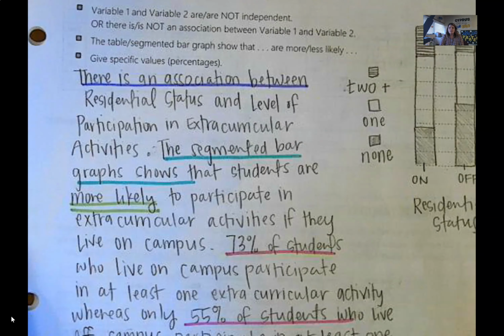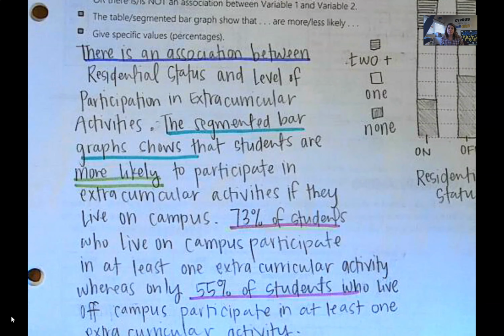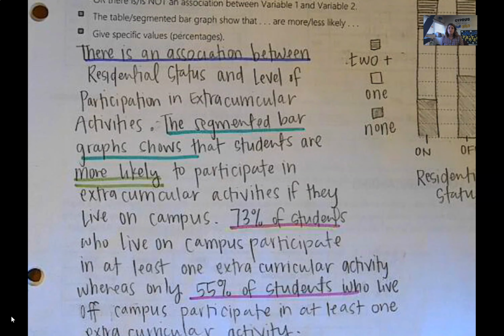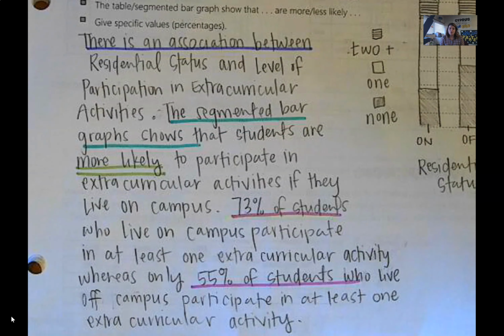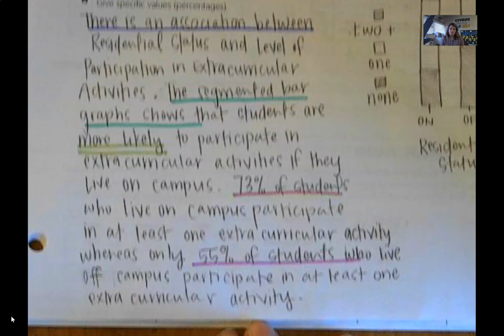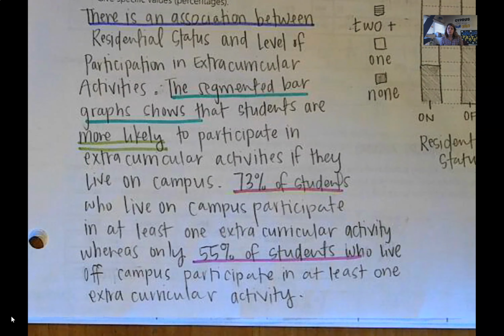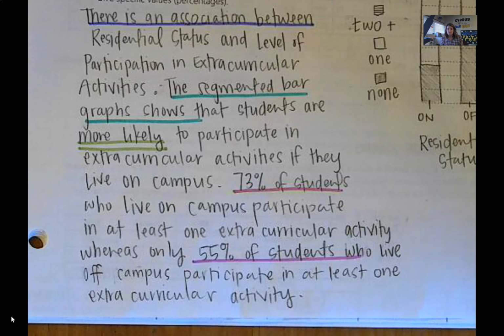So there is an association between residential status and level of participation in extracurricular activities. The segmented bar graph shows that students are more likely to participate in extracurricular activities if they live on campus. 73% of students who live on campus participate in at least one extracurricular activity, whereas only 55% of students who live off campus participate in at least one extracurricular activity.